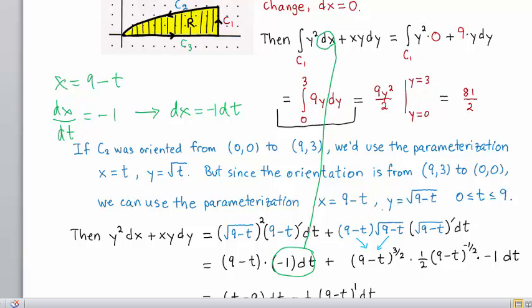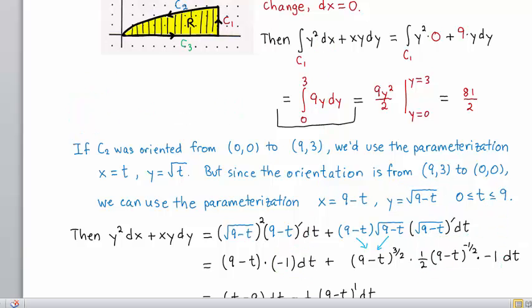Similarly, since y equals square root of 9 minus t, in other words, 9 minus t all to the 1/2 power, dy equals the derivative dt. And the derivative is 1/2, 9 minus t to the negative 1/2 times negative 1. Therefore, we have y squared, which turns out to be 9 minus t, dx, which we computed, plus x times y.